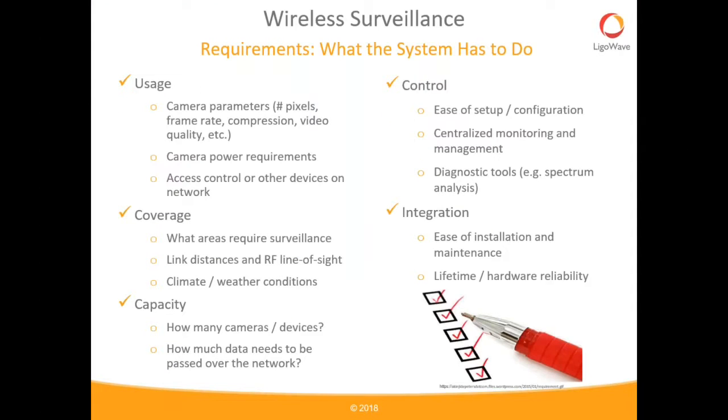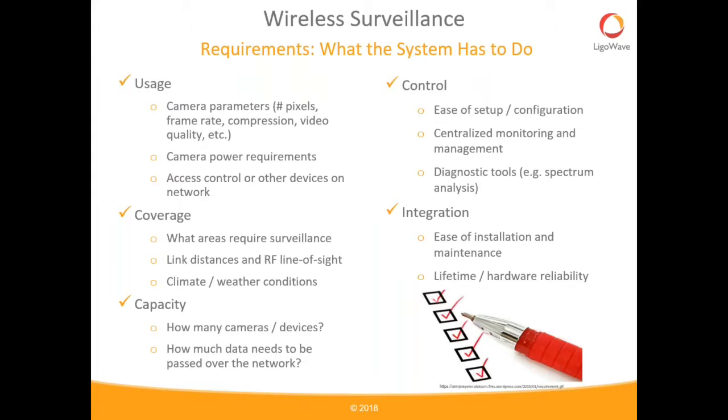So let's talk about requirements, which is what the system has to do when you're designing a wireless network. Typically when we talk about requirements for any type of wireless network, we're looking at usage, coverage, and capacity. In terms of usage, I want to look at what my camera parameters are: how many megapixels, what's the frame rate, what's the compression algorithm being used, is it H.264 or something more primitive that's going to take up more bandwidth, and what image quality you want, because that will drive the amount of bandwidth that you're going to be pushing for each camera.